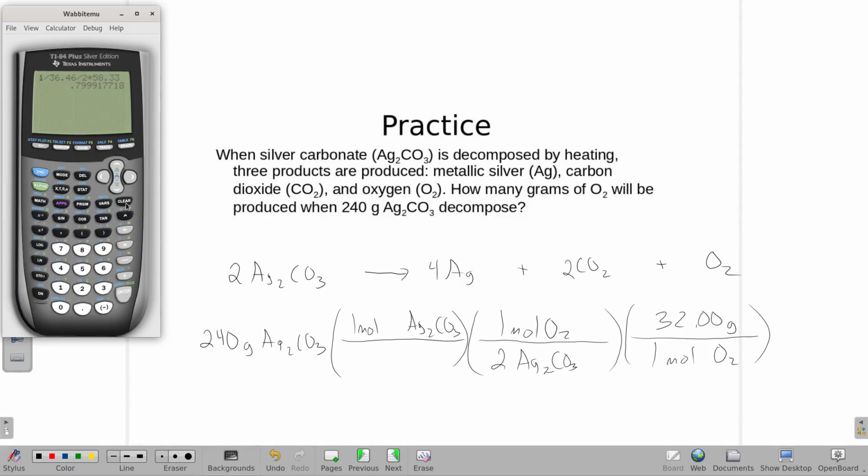So silver, element 47 on your periodic table, has a molecular weight of 107.87. And there's 2 of those. We're going to add to that a single carbon and 3 oxygens.